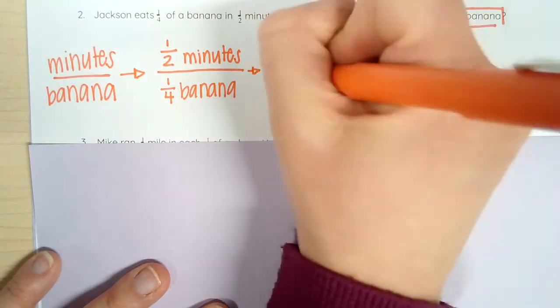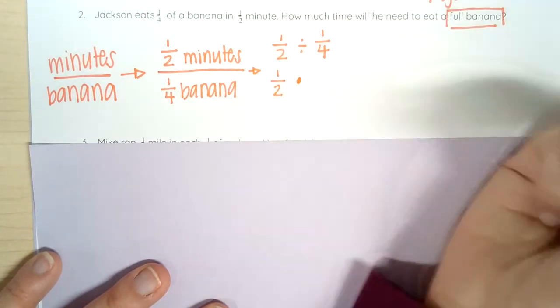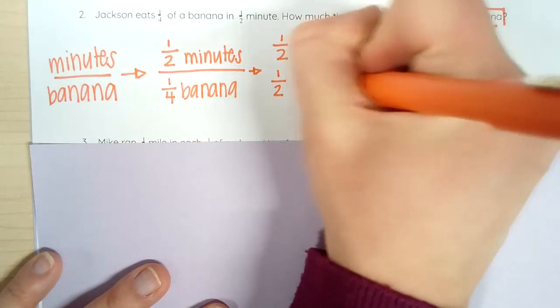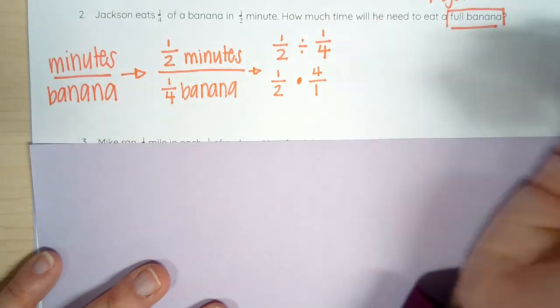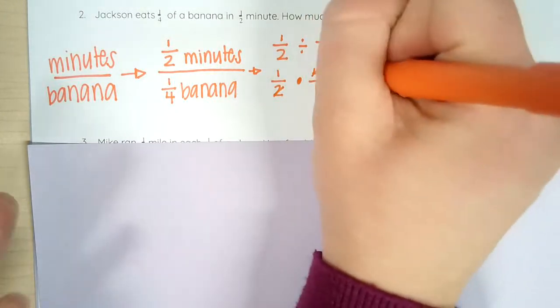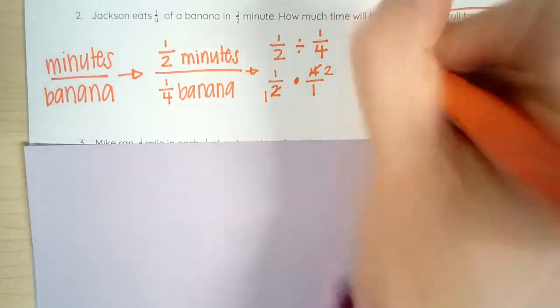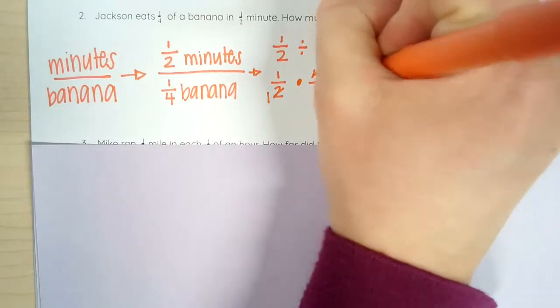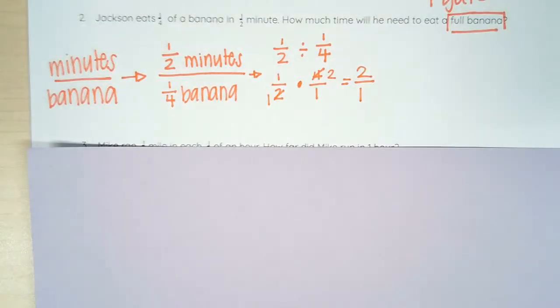So I keep my first fraction, change my division to multiplication, and flip my second fraction. Now I have 4 over, I can divide 4 by 2, which will get me 2, and 2 divided by 2 is 1. So 2 times 1 gets me 2. 1 over 1, or 1 times 1, is 1.